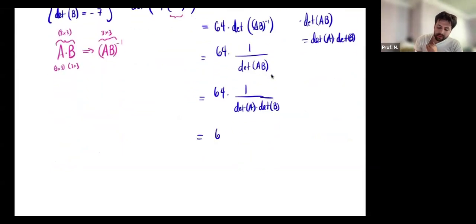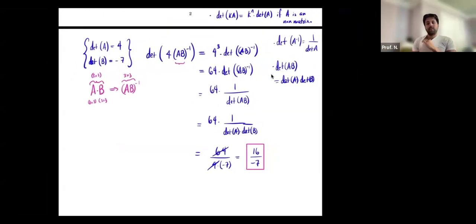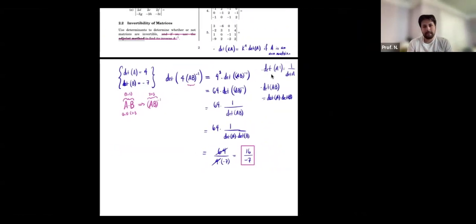Then you get 64 times 1 over, I'm just going to write it over, 64 over 4 times negative 7. 4 goes into 64 16 times. So the answer should be 16 over negative 7. That would be my determinant for part C.